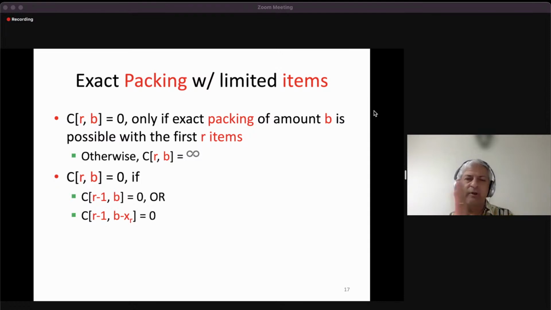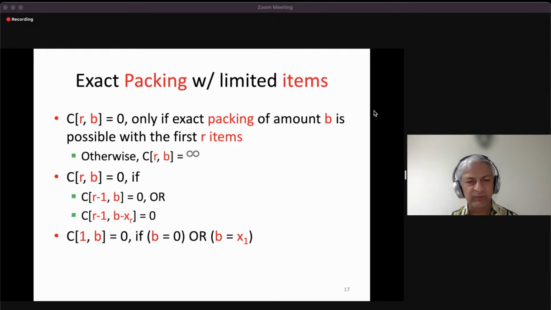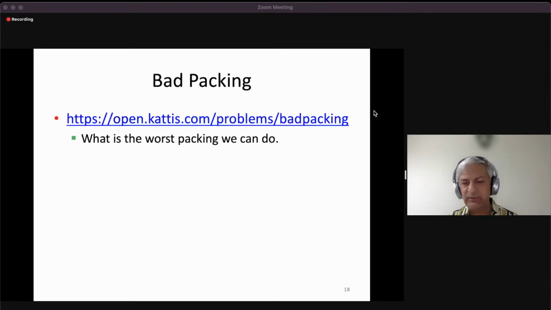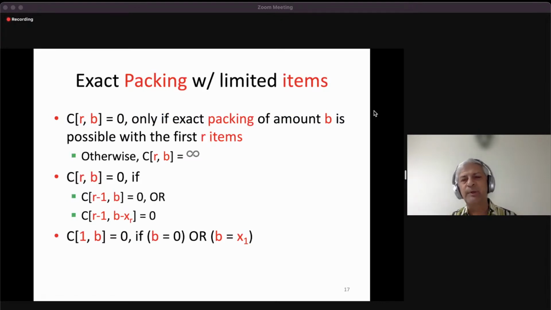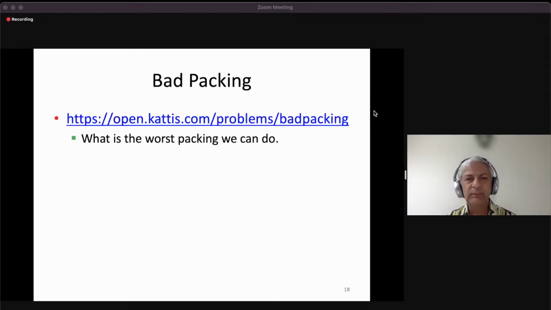We'll do this for every possible box size, and then the column that we want will tell us what the answer is. So essentially it turns out to be the same problem as before. The formula doesn't change. These are called recurrence relations, and these recurrence relations also do not change.